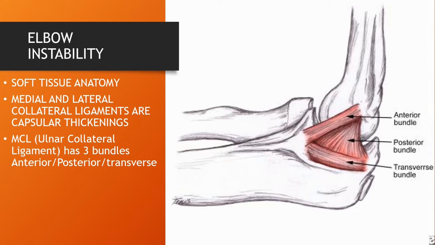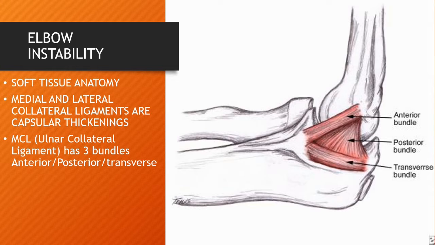And then the dynamic stabilizers are largely comprised of muscles which cross the elbow joint, both the radio-ulnar joint, the radiocapitellar joint, and also the ulno-humeral joint. Any muscle that crosses one or more of those articulations through its muscular contractions and tendon crossings of the joint is going to contribute to the dynamic stabilization of that joint.